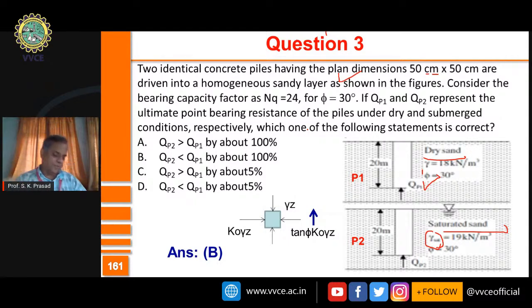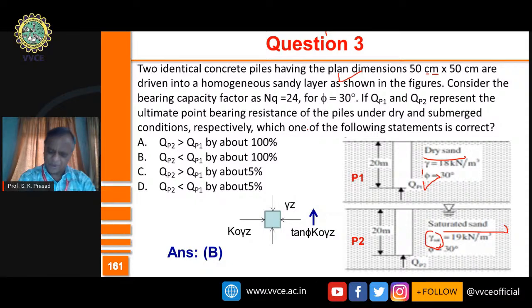I'm going to stop here because I wouldn't like to take the class beyond the limit. I just would like to mention to you that today we talked on a variety of issues. To start with, I was talking about different types of foundations, from the isolated footing to combined footing to raft foundation.